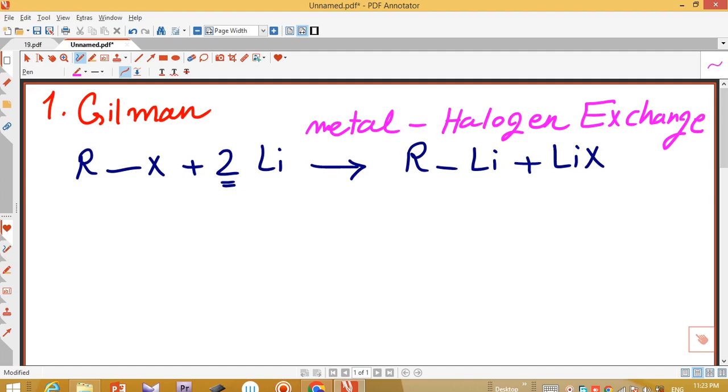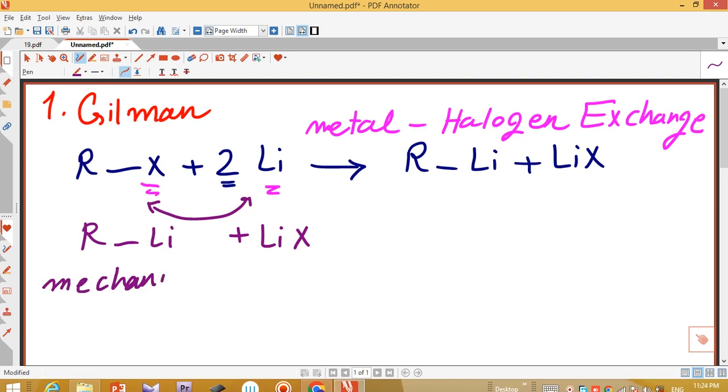So you can imagine we will have lithium and X, which is halide. So lithium will go instead of X, which is halogen. So we will have this exchange. Instead of X, you just write down lithium. That's the product. And because we have two lithium, the other one will be lithium X. And it is very important, metal halogen exchange. So it is a general rule.